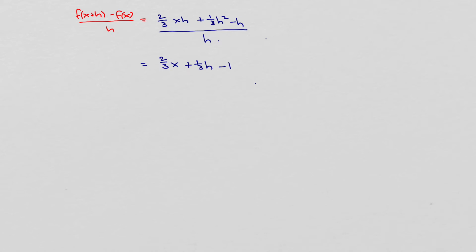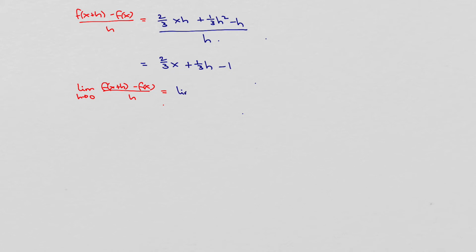So the very last step then is to find the limit as h tends to 0 of f of x plus h minus f of x all over h. So in other words, we're finding the slope of the tangent to the curve as the distance between the 2 points gets infinitely smaller.